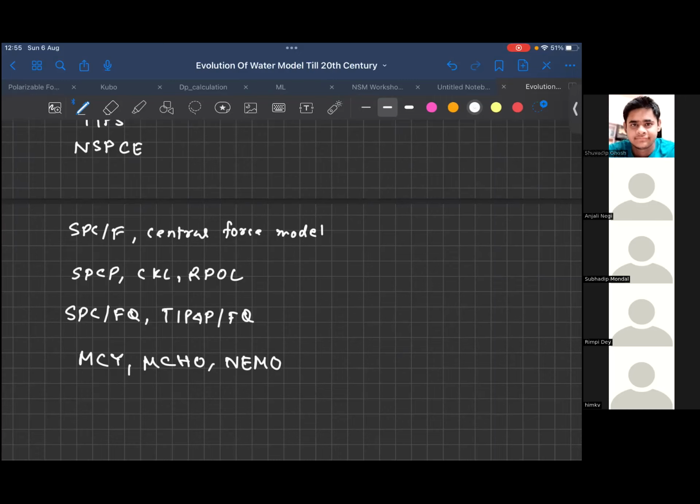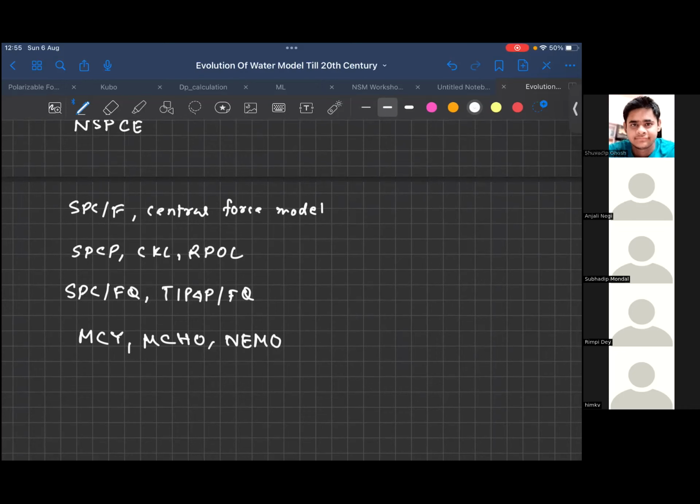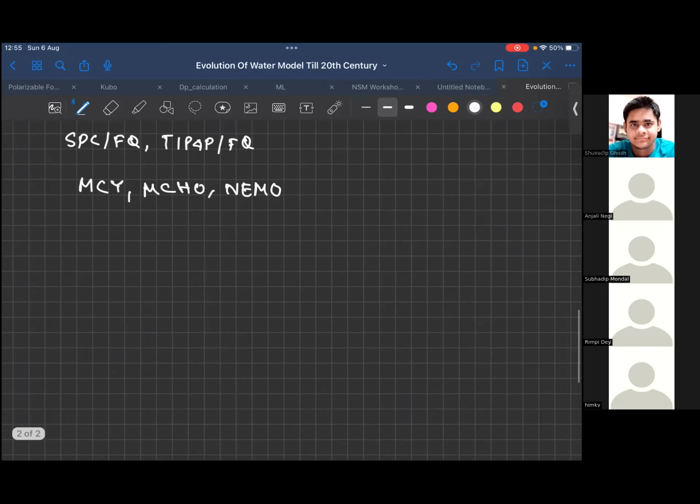And of course the second virial coefficient, surface tension, heat capacity, those things also. So if you made a water model, the first thing you have to test is the liquid density. As you know, at 298 Kelvin the experimental water density is about 0.997 gram per cc.